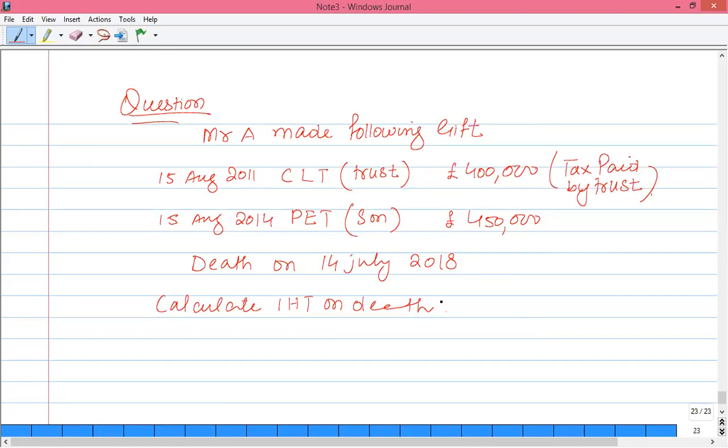Now if we look at the dates, our first gift is a CLT, and the date of the gift is 15th August 2011.